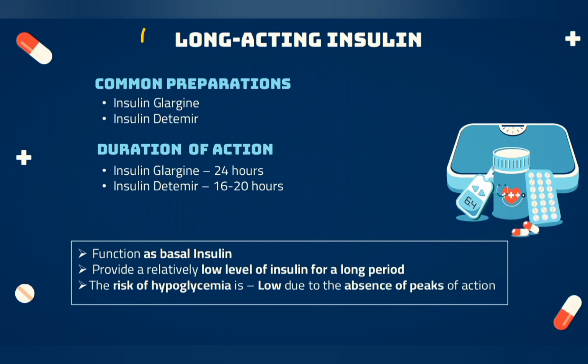long-acting insulin. The common preparations of this long-acting insulin are insulin glargine and insulin detemir, and insulin glargine has a duration of action of 24 hours.